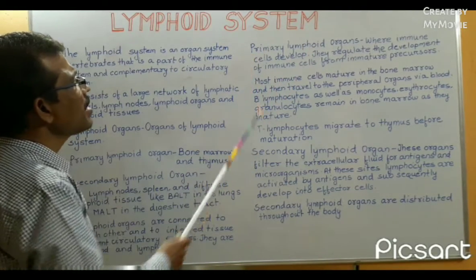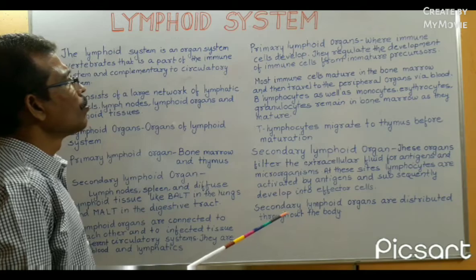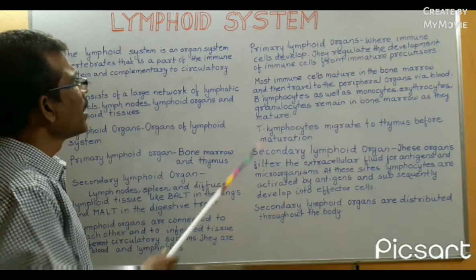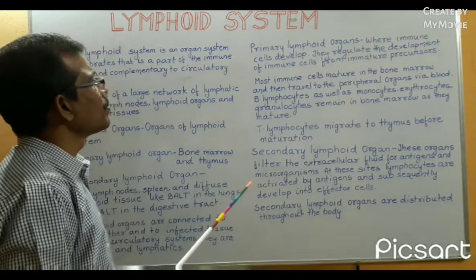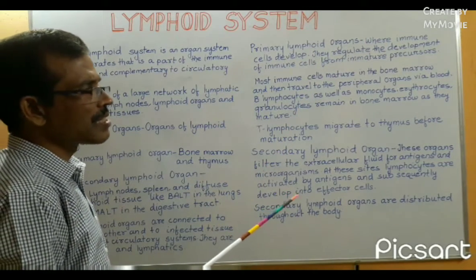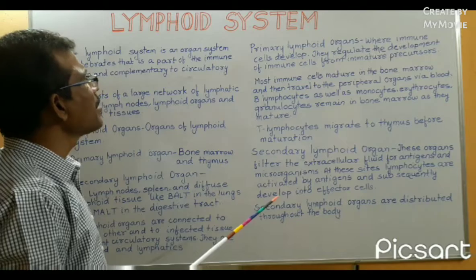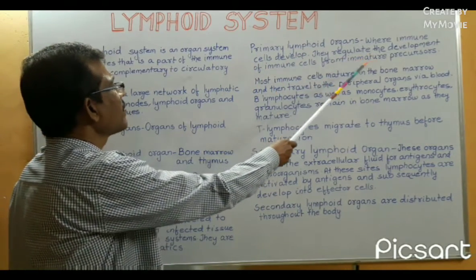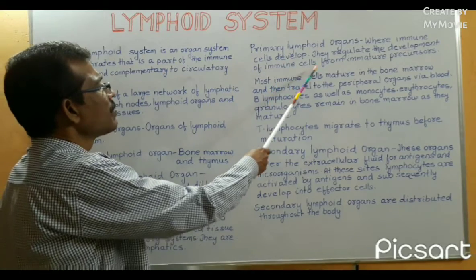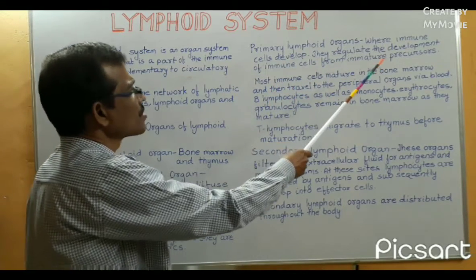So primary lymphoid organs include bone marrow and thymus. At primary lymphoid organs, immune cells develop. These organs regulate the development of immune cells from immature precursors.